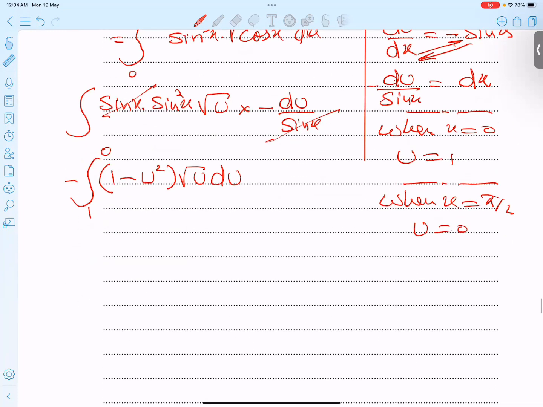Another point is very important to discuss, and that is if you change the limits, say this is B and this is A. If you flip the limits, A down, B up, the outside minus will come automatically.